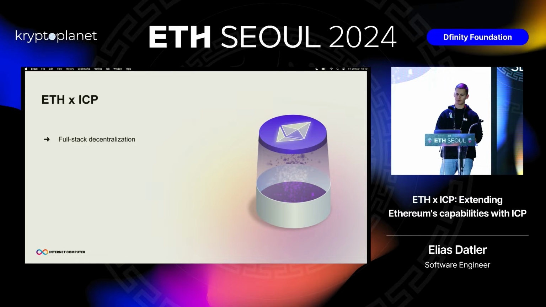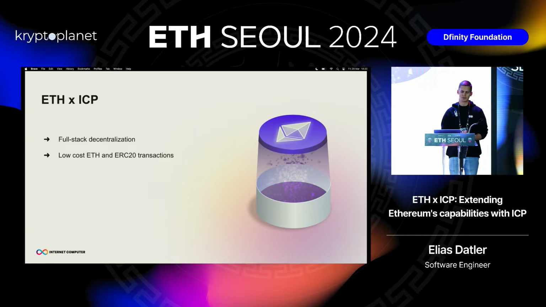For example, Uniswap has their front end on AWS, but only tiny parts of the backend, like when it comes to token transactions or swapping tokens, that's happening on chain. But here you can really move the entire stack on chain.